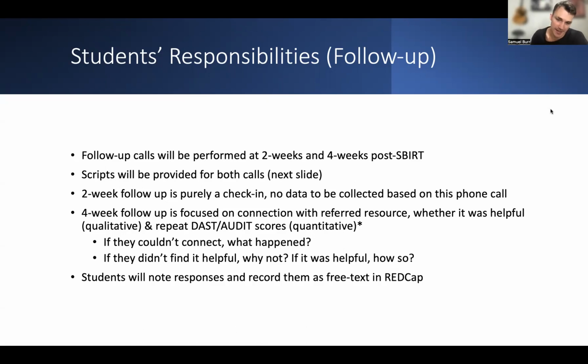So one thing I was thinking about: in the re-administration of the AUDIT and DAST on these follow-up calls, there is a potential chance that, and I think it's possible I'm catastrophizing here, scores go up.